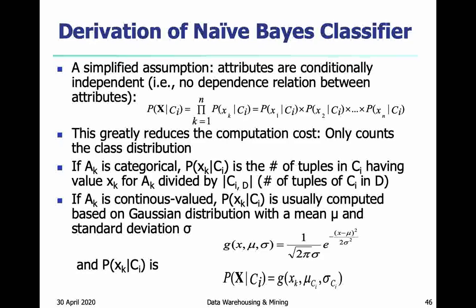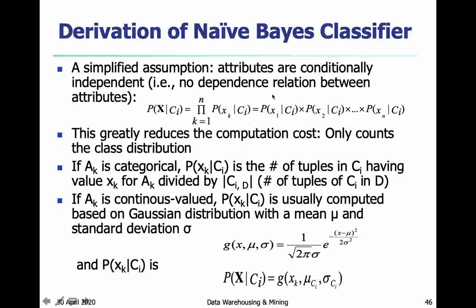So since these are independent, you can say that the probability of X conditioned on Ci is the multiplication of these: the probability of X1 conditioned on Ci, then X2 conditioned on Ci, and so on.